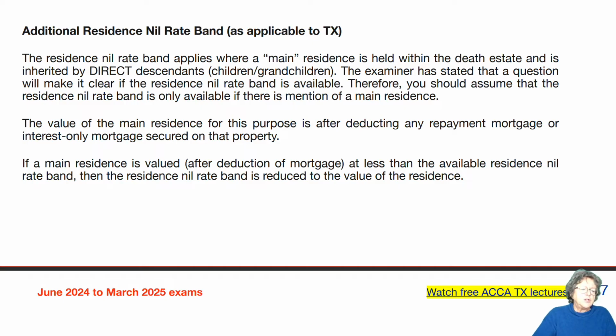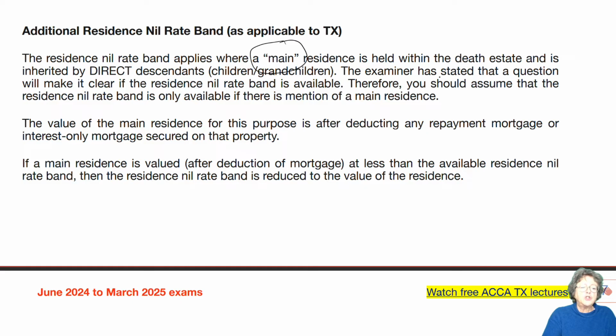So the residential nil rate band applies where the main residence is held within the death estate and is inherited directly by the children or the grandchildren. Now, the examiner stated that a question will make it clear if the rate band is available.